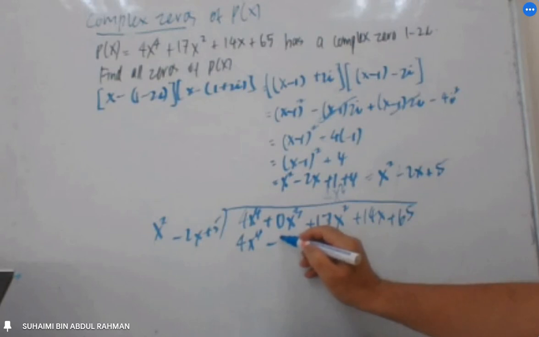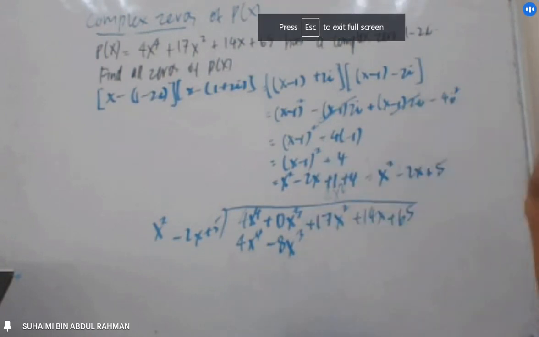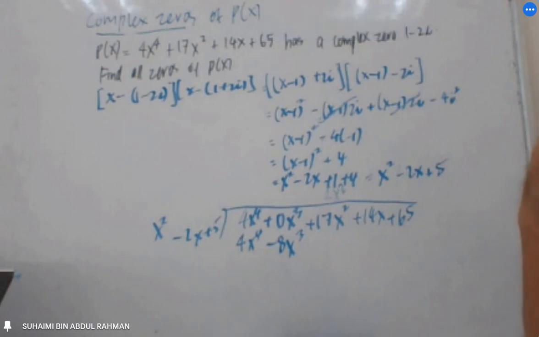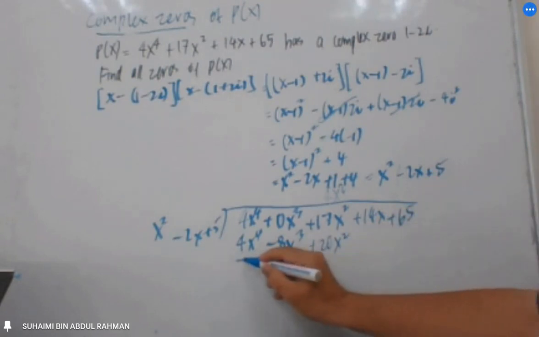Minus 8x power of 3, right? 8x power of 3. Minus 8x power of 3 plus 20x power of 2.